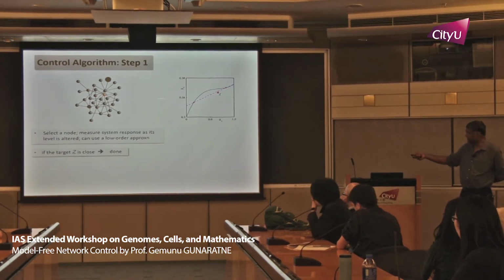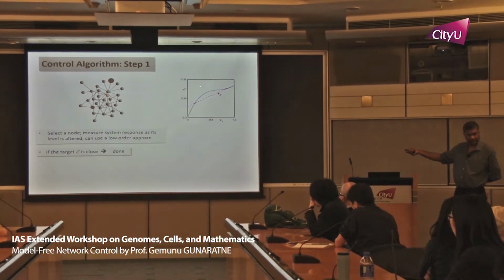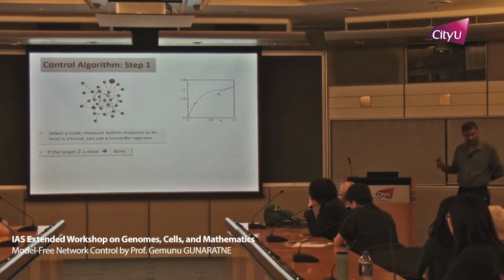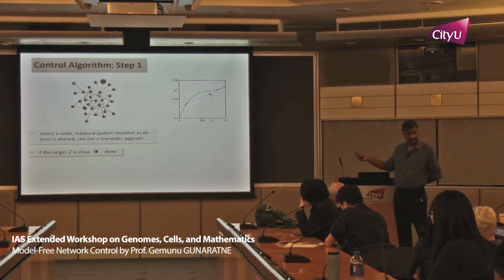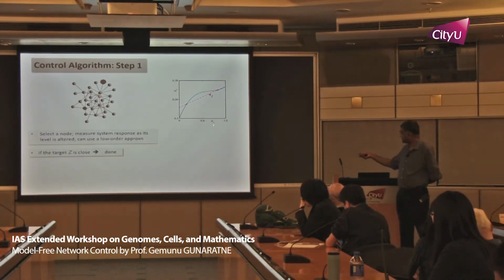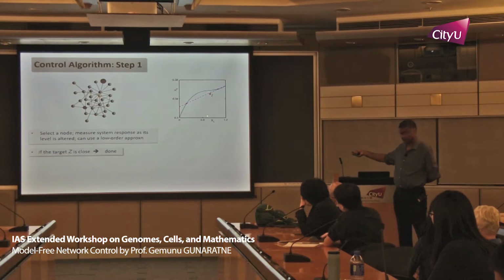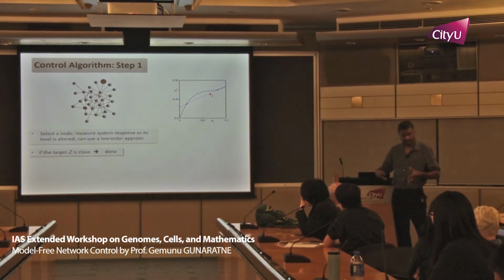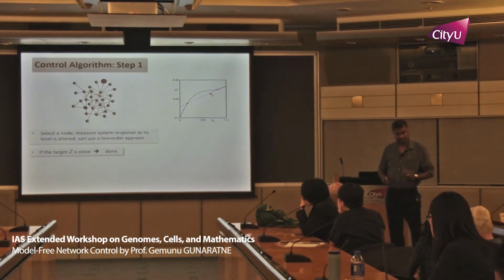The system interactions then will carry the system there, which is close enough for my purpose. If this target turned out to be close to here, I'm done. I have found one gene, which I arbitrarily picked, and all I have to do is make sure that gene is at this value. Everything else will sort itself out. The interactions between the genes will take care of the rest.